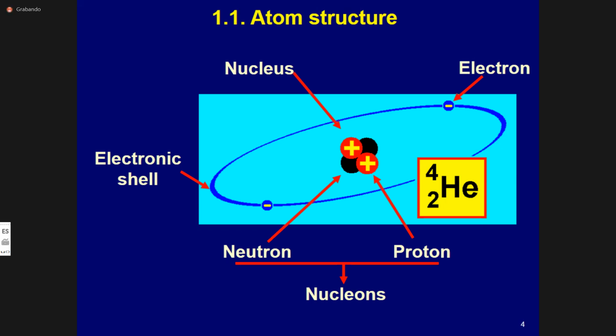So the mass of an atom is almost entirely determined by the mass of its nucleus. And the electron is a negatively charged particle with an elementary charge -1. So the atom as a whole is electrically neutral. The described model of an atom is called planetary. And the slide shows the structure of the helium atom.